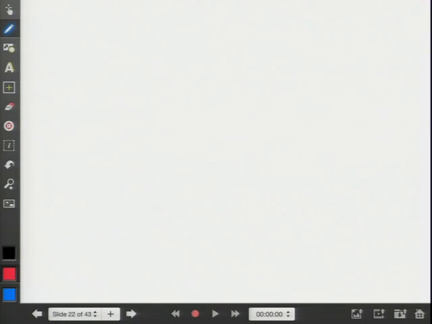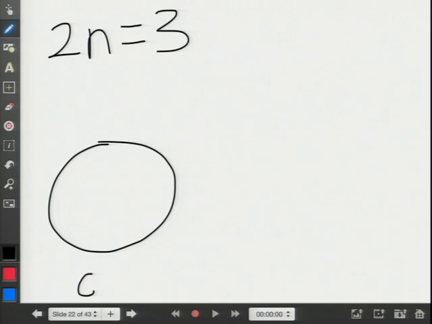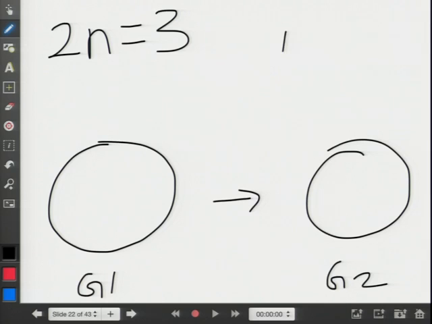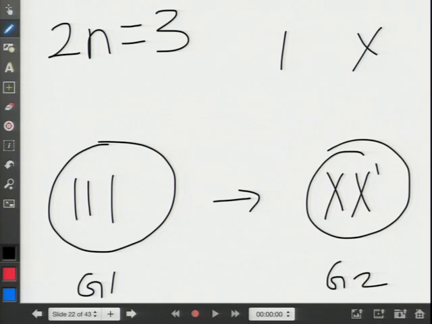Okay. So what if 2n equals 3? So a normal body cell in G1, G2, how many chromosomes are in the cell in G1? And then how many are in G2? 3 X's, exactly.